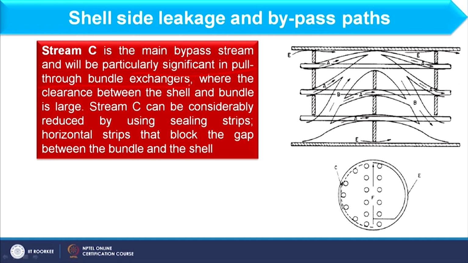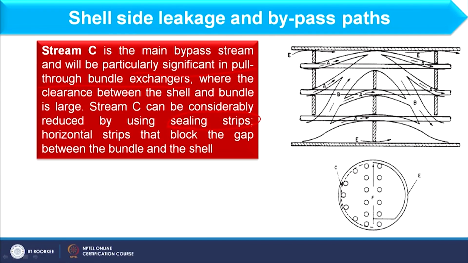So, it has more chance for liquid to remain in the bypass section and not participate in heat transfer. So, we have to bring that fluid to the cross flow section, and that we can do using sealing strips. Sealing strips are basically used to reduce the effect of stream C. These are horizontal strips that block the gap between bundle and the shell. So, when we discuss the effect of bypass stream, there we will discuss the sealing strips and their uses, and how they are placed, in detail.